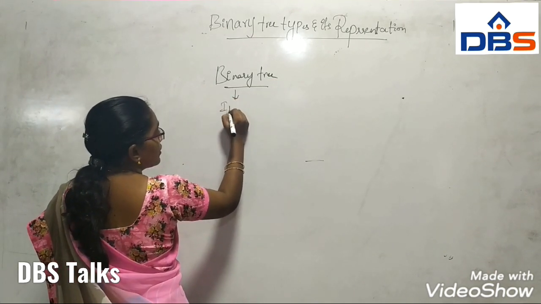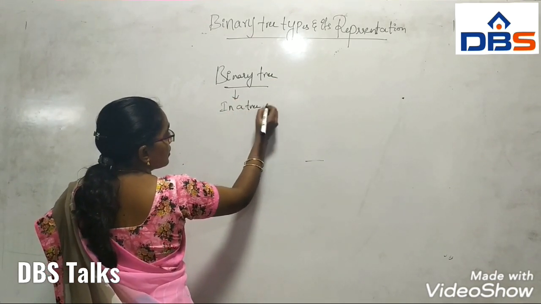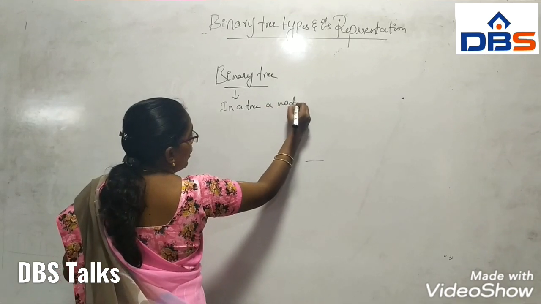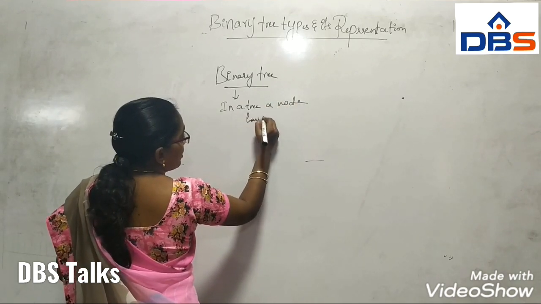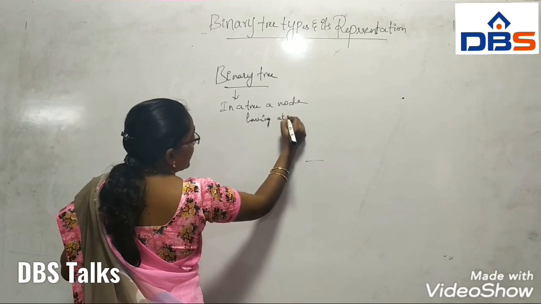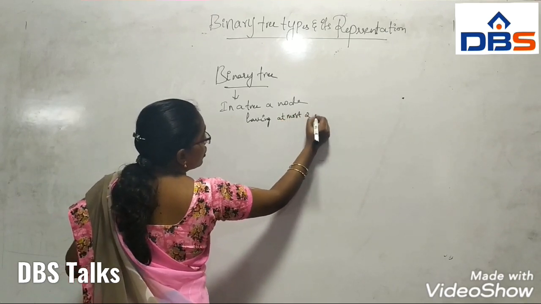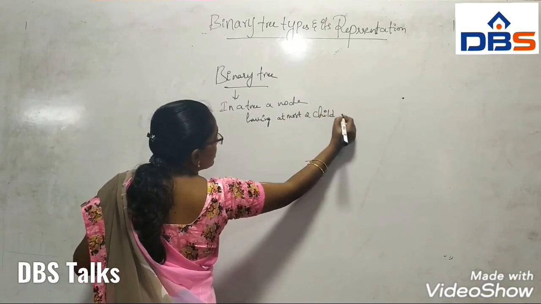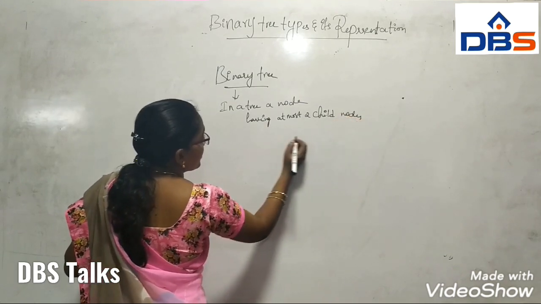In a tree, a node having at most 2 child nodes.